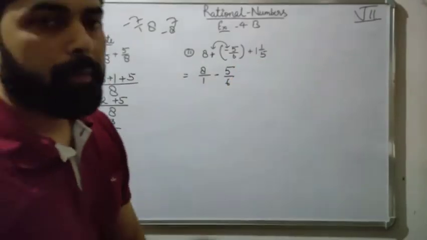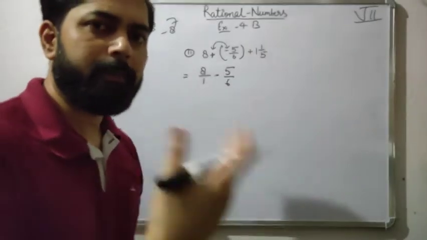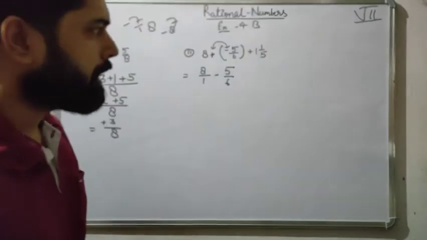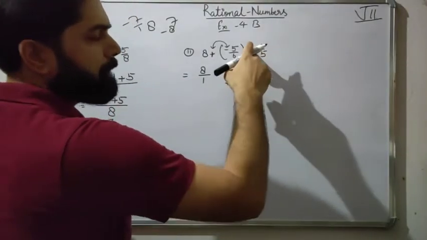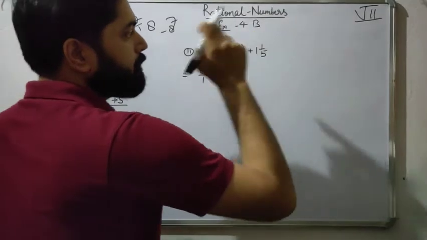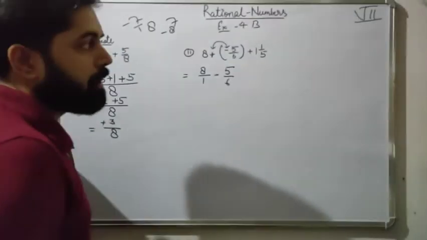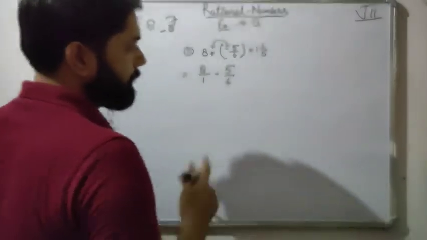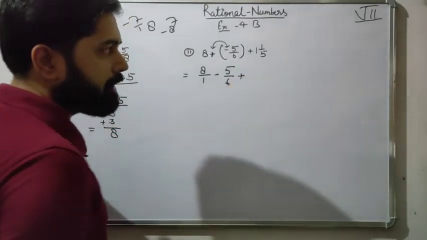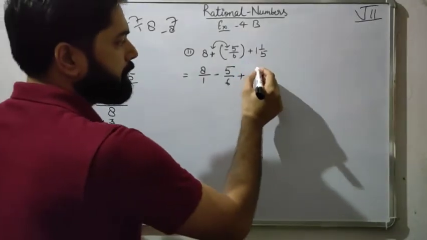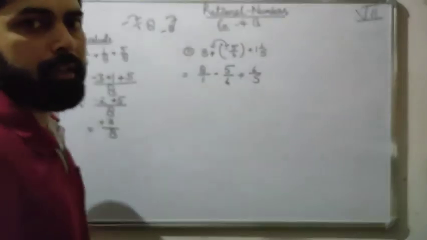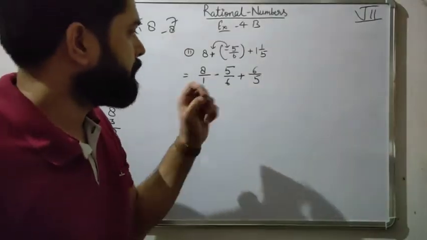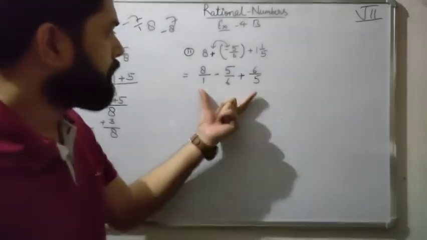You know a mixed fraction can be converted into an improper fraction. How can we convert? Multiply the denominator 5 by the whole number, and add the numerator: 5 times 1 is 5, plus 1 is 6 upon 5. Then after this step, we match the denominators.